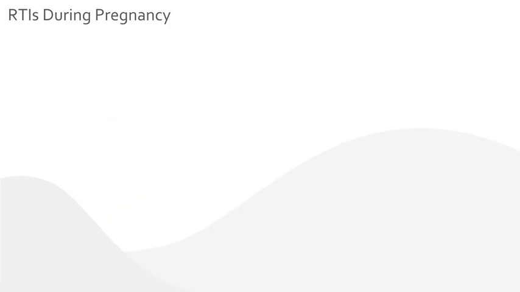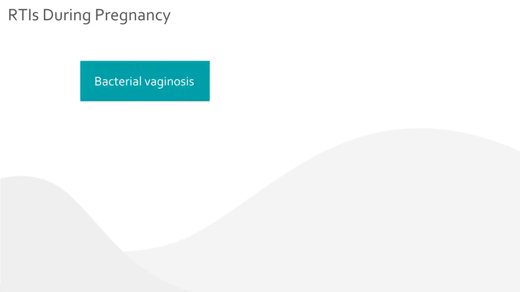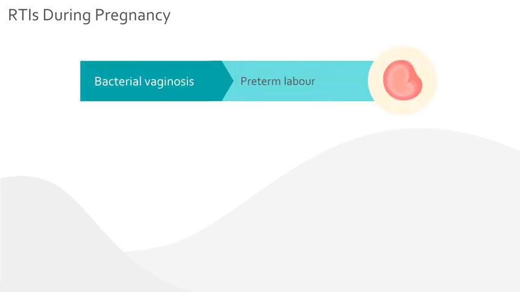RTIs also pose risks during pregnancy. Bacterial vaginosis is common in pregnancy and associated with preterm labor. Treatment of symptomatic bacterial vaginosis can reduce the risk of preterm labor.